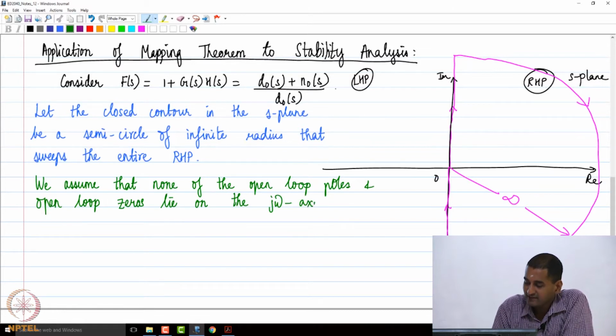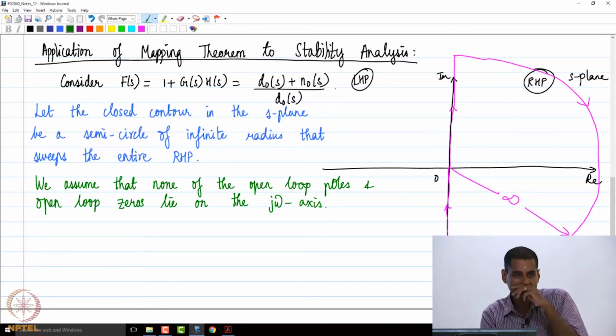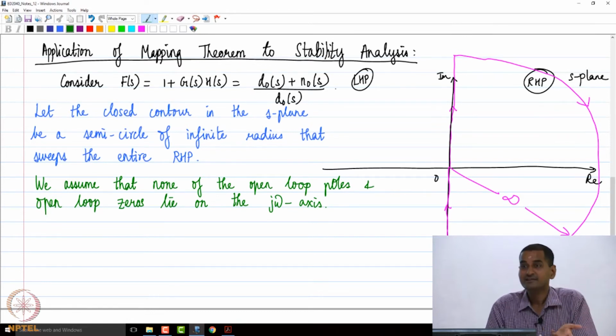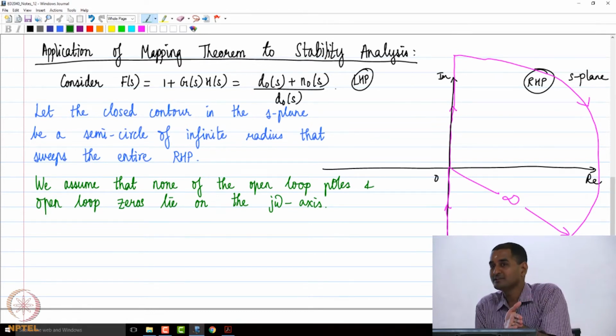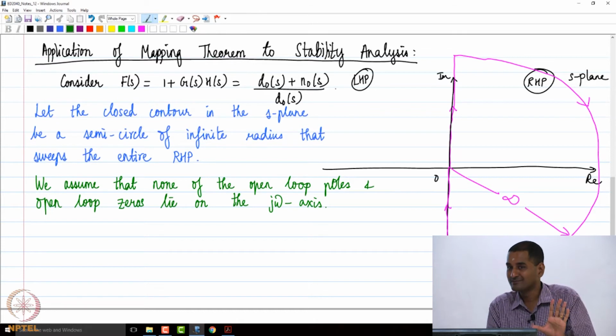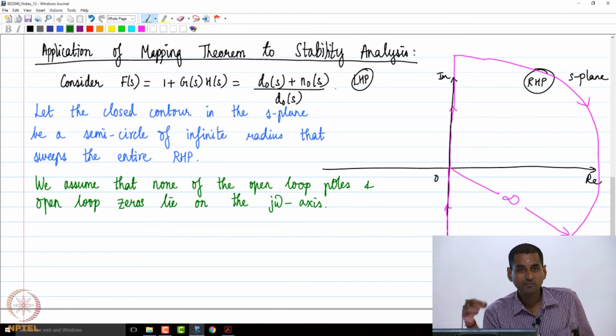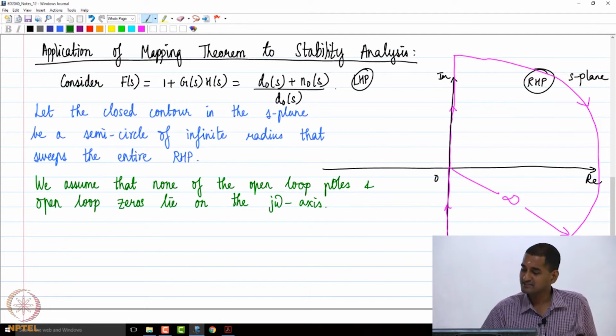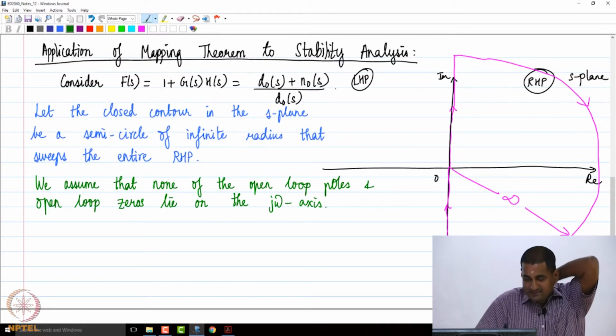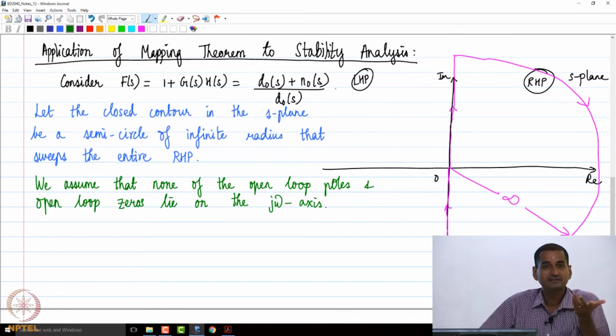I will leave you with a question, what happens if that does not hold? I can have open loop poles and open loop zeros in the right half complex plane, that is allowed, but I assume that none of them lie on the imaginary axis or the j omega axis. That is an assumption that we are making.